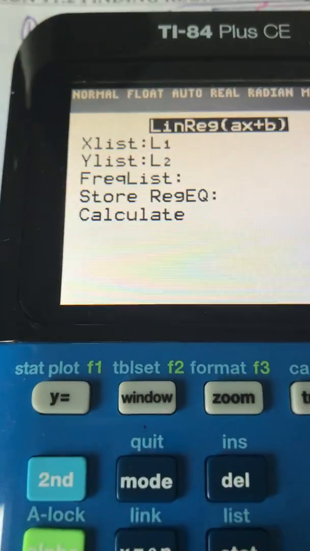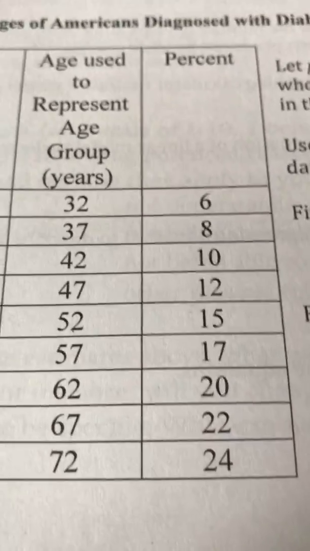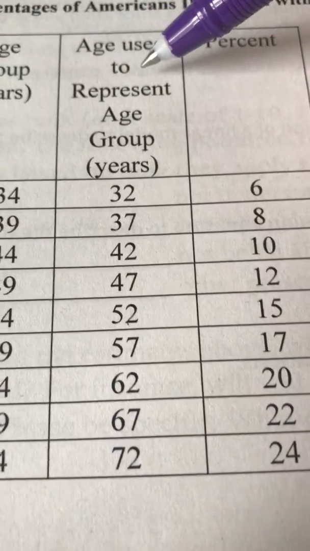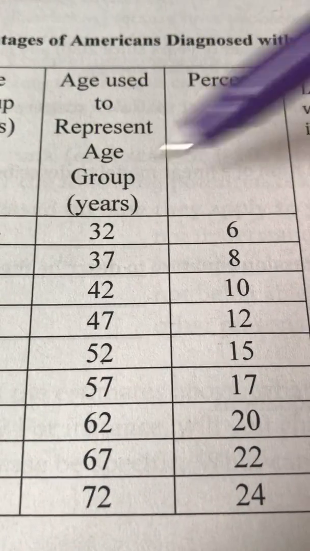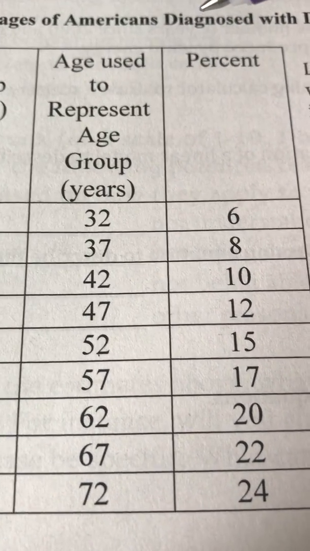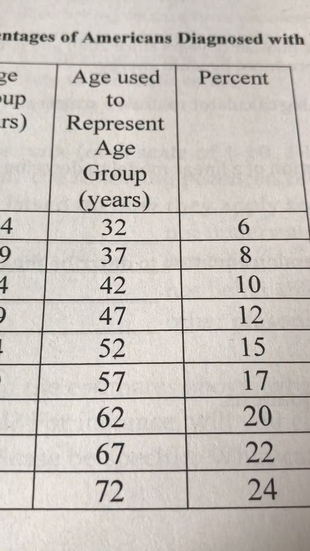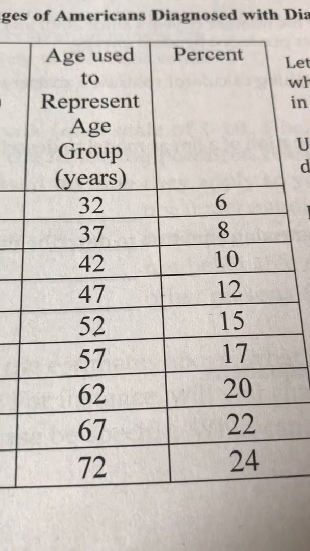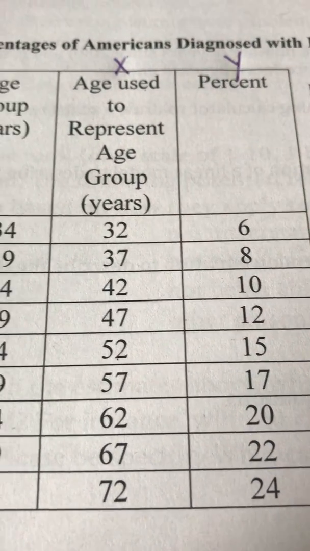Now my X list, what are my X values? Looking back at our table, we have the age used to represent the group, and we have the percent. We have to think which of these 2 things is our independent variable. You're probably right, this is our independent variable and this is our dependent variable.